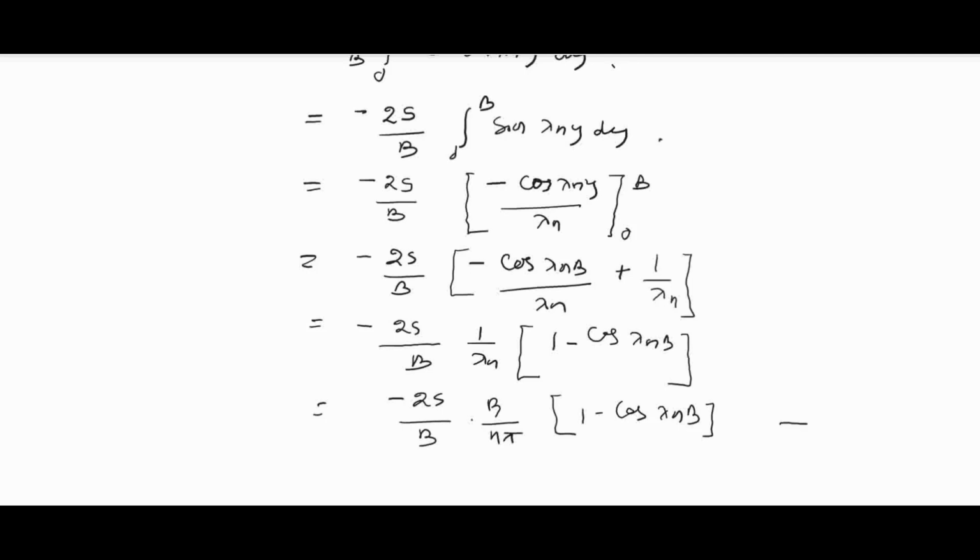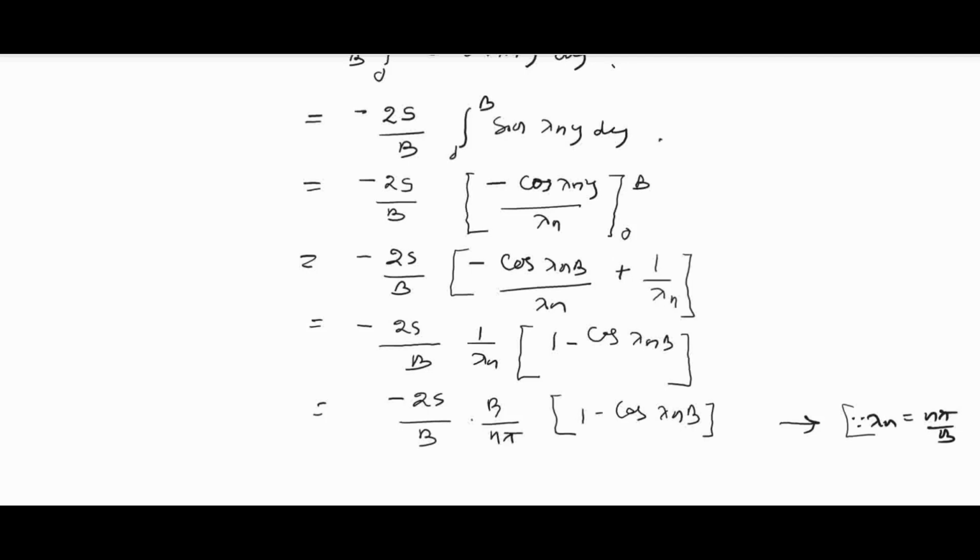Okay, so this is what we can get here. We used the value here, lambda n is equal to n pi by b.